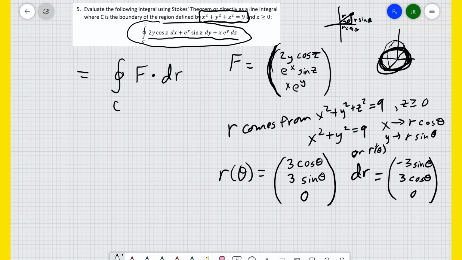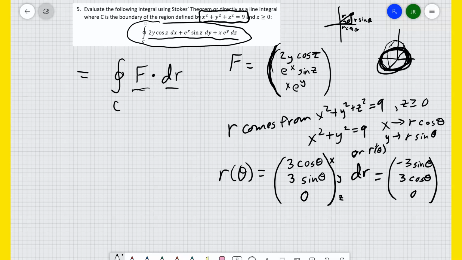Keep in mind, this is the x component, this is the y component, this is the z component. So we've taken some good steps. We've got dr. We need to do some work on f to get it compatible with dr.